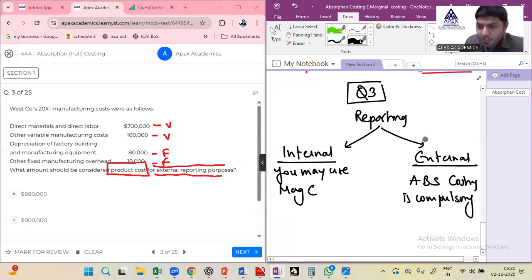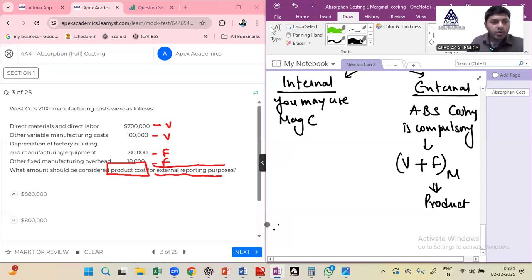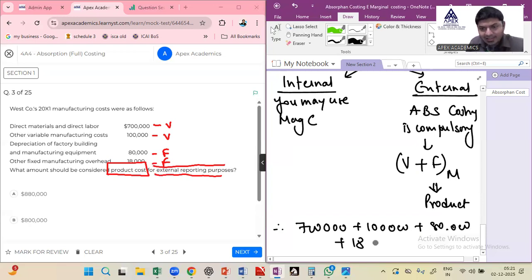Under absorption costing, both variable as well as fixed manufacturing overheads become your product cost. Therefore, my total product cost will be 7 lakhs plus 1 lakh plus 80,000 plus 18,000.